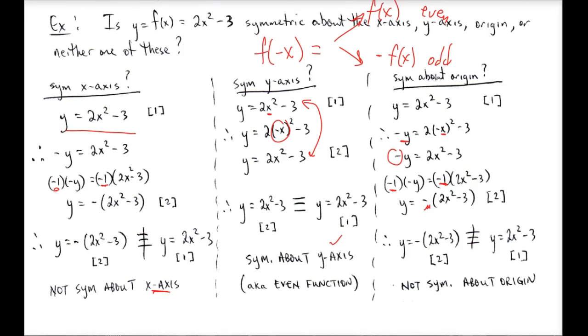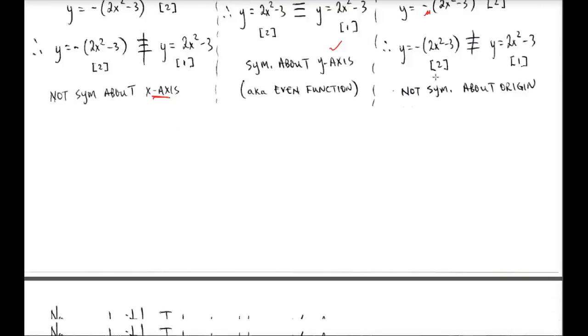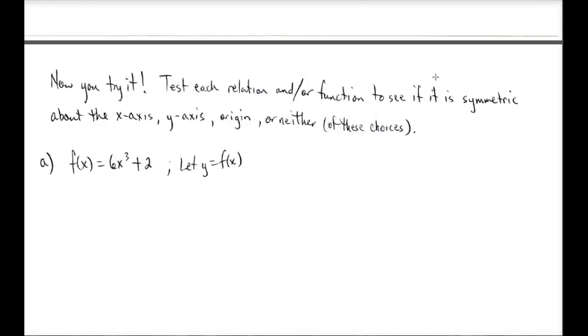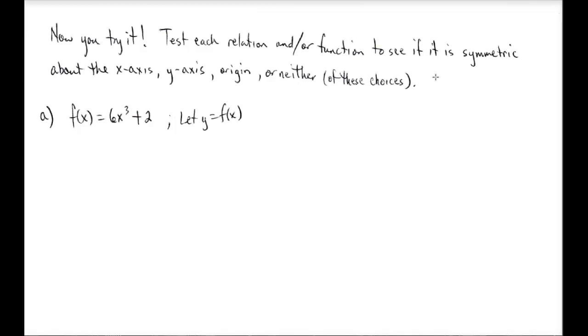Okay. All right, so let's go ahead and look at some examples of our own here. So we're going to test for symmetry about the x-axis, y-axis, and the origin, just so that you see how it works. So symmetry about the x-axis, I'm going to name this y, and everywhere where I see y, I'm going to replace it with negative y.